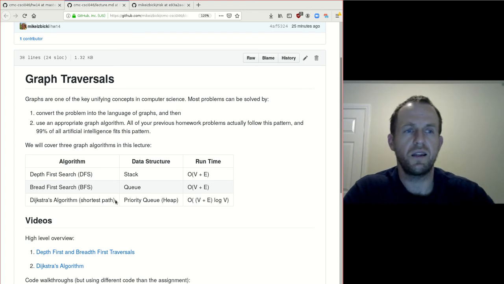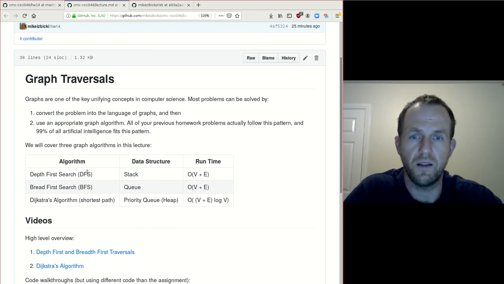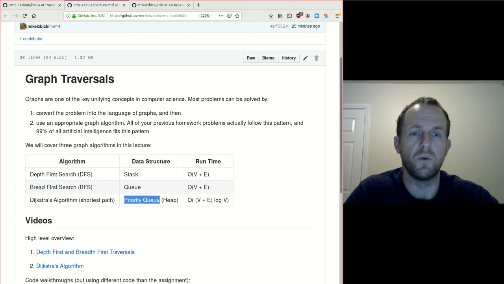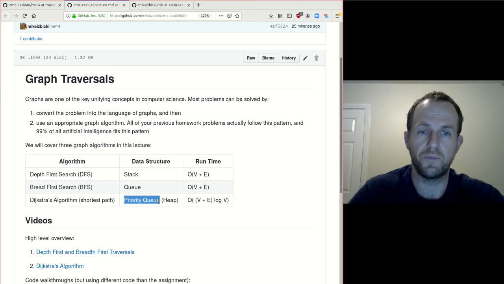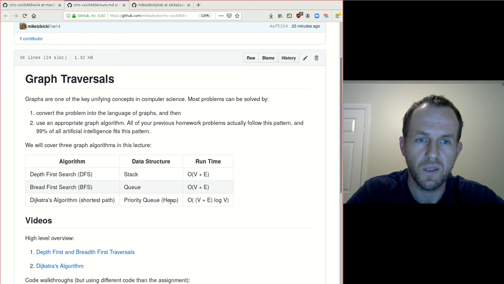And so we'll see that each one of these algorithms has a data structure associated with it. Depth first search is a stack, breadth first search is a queue, and then Dijkstra's algorithm is the priority queue, which is another name for the heap, which you implemented in the previous homework assignment. And then there's the runtimes of the algorithms over here.